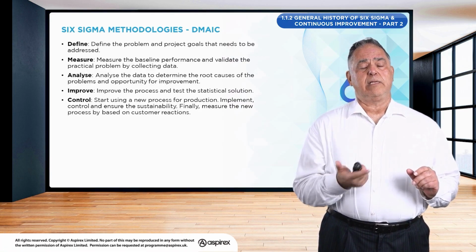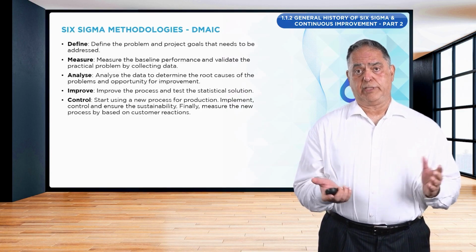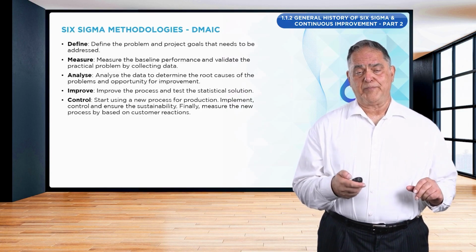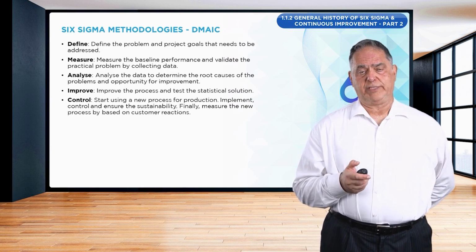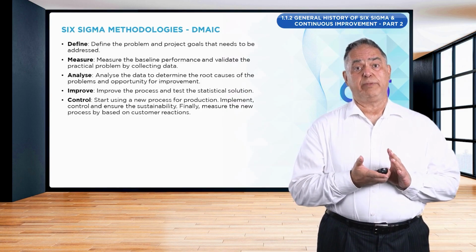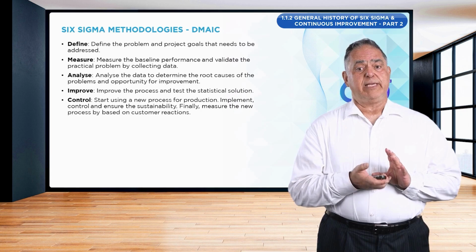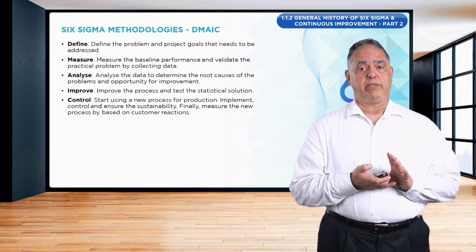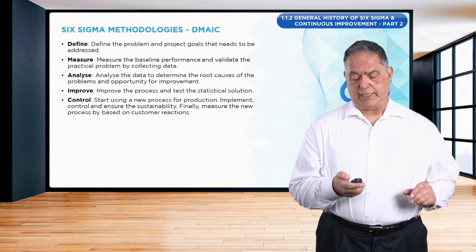And we have to set up goals and objectives of what the project is about to achieve. During the measure phase, we measure the current performance of the process under investigation, and we validate the practical problem by collecting data based on a data collection plan.